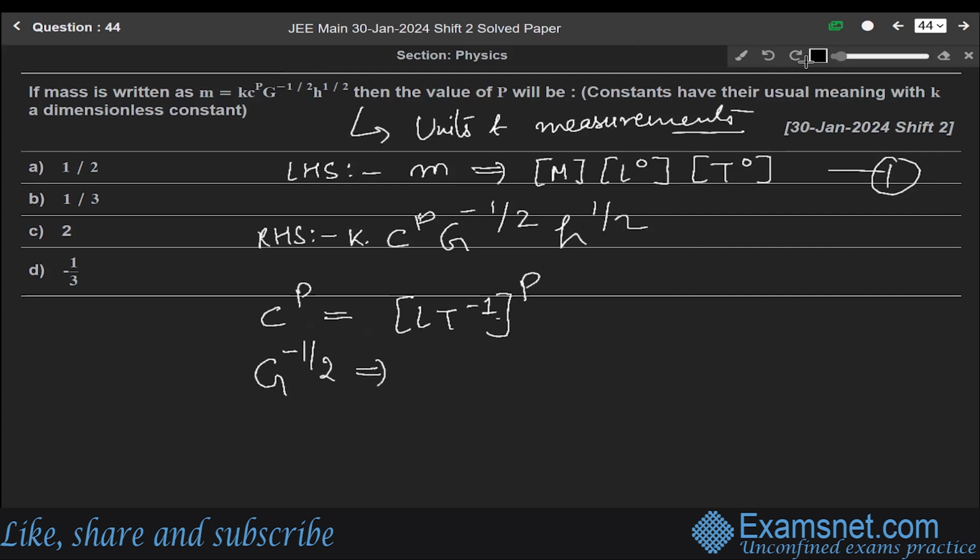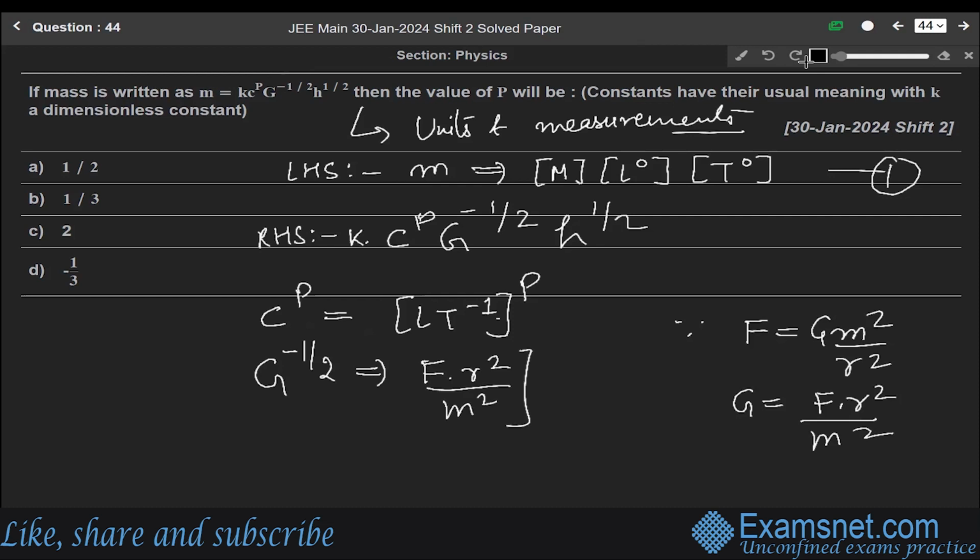G is the gravitation, raised to minus 1 by 2. Since force equals G m squared over R squared, G will be F into R squared over m squared. So we write G as F R squared over m squared raised to the power minus 1 by 2.